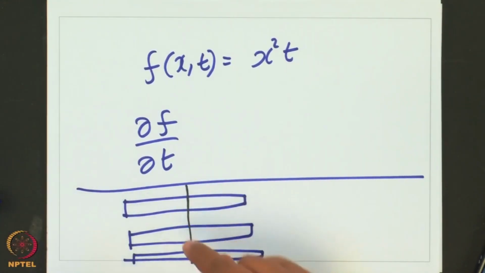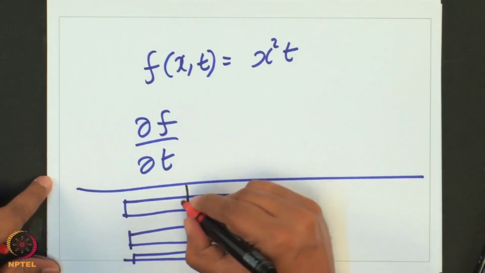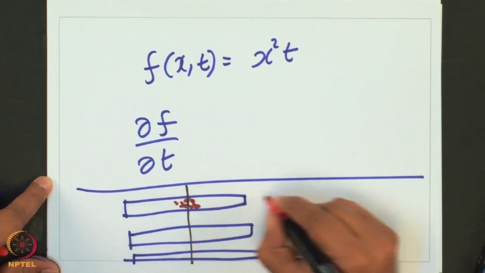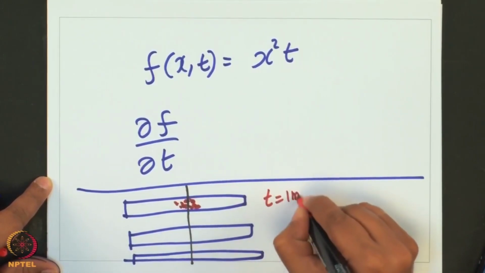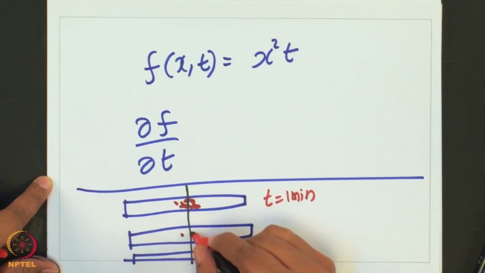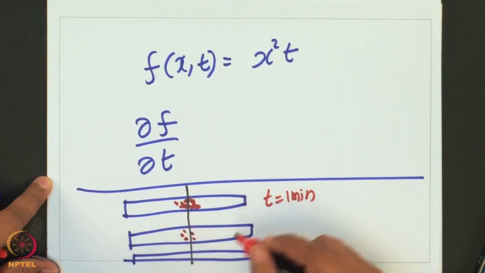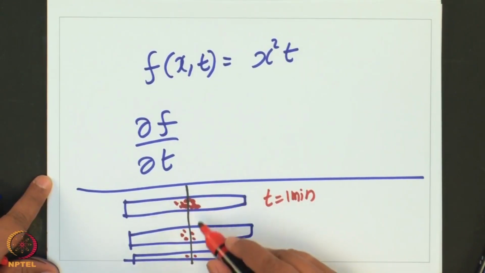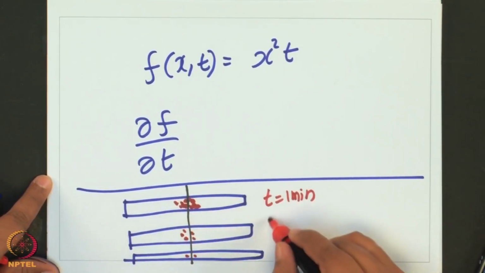So I will look at only one x location, and I look at the concentration. Here it was very large at t equal to 1 minute. At t equal to 1 minute, the concentration was large. Then it reduced a little bit, and then it is further reduced. So the concentration was increasing or decreasing as time goes.